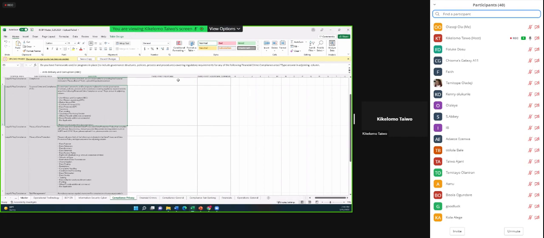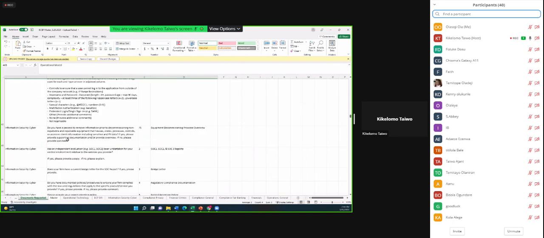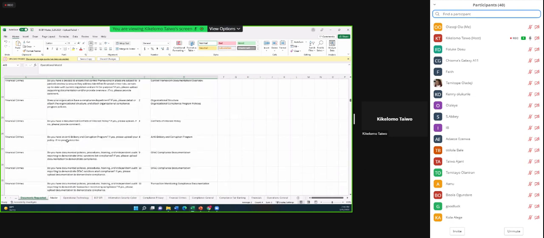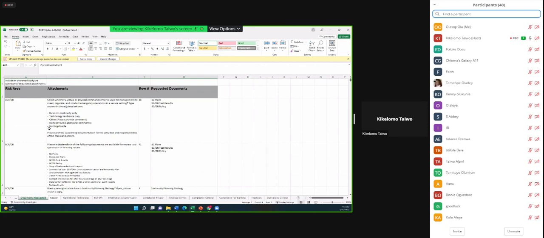Once they complete it, they will send it back to you as the third-party risk analyst. There are documents requested from each domain. Like from BCP, you see risk areas, attachments, requested documents. So BCP, DRP, this is the requested document they wanted, right?